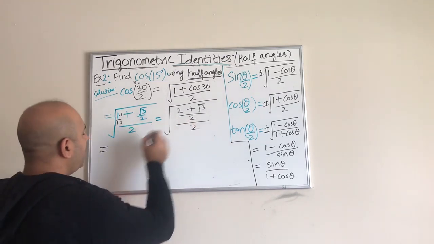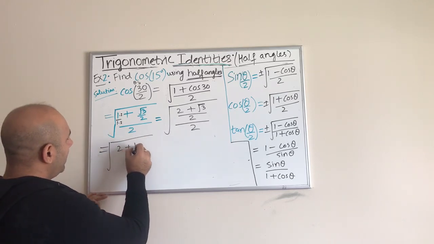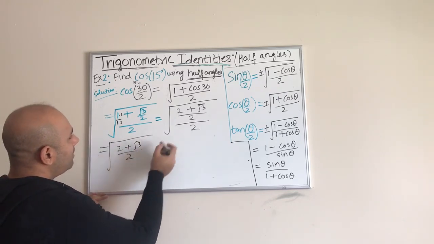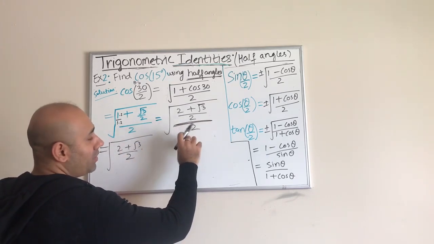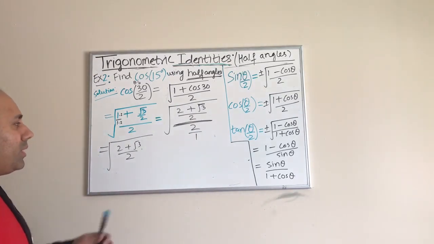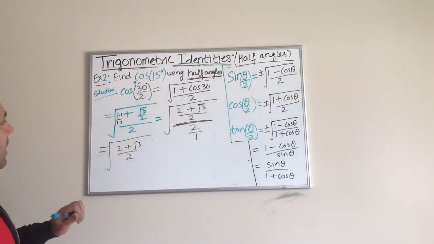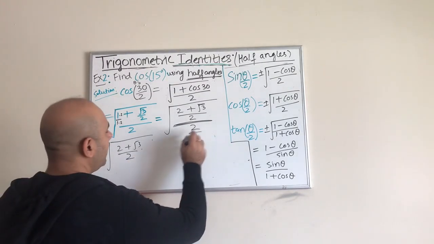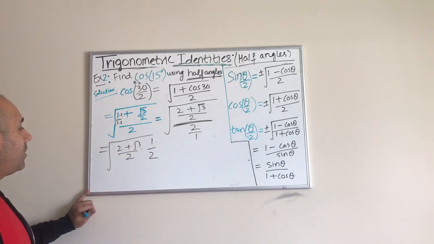But what happens to this 2? Still everything is inside the radical. So it is 2 plus radical 3 over 2 times, when I change this division to multiplication, I have to take the reciprocal, because there's an invisible 1 here. We don't really like to write it, but we know there's an invisible 1. Let us be careful with this. It becomes 1 over 2.